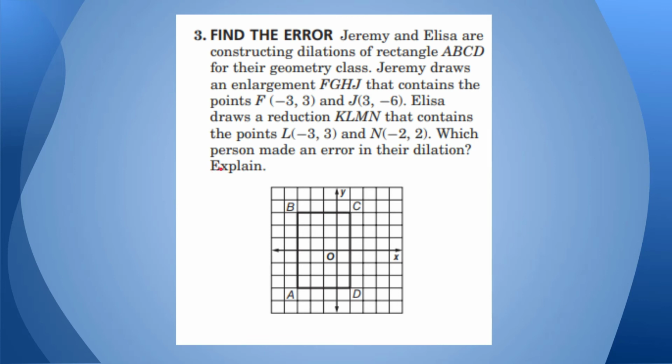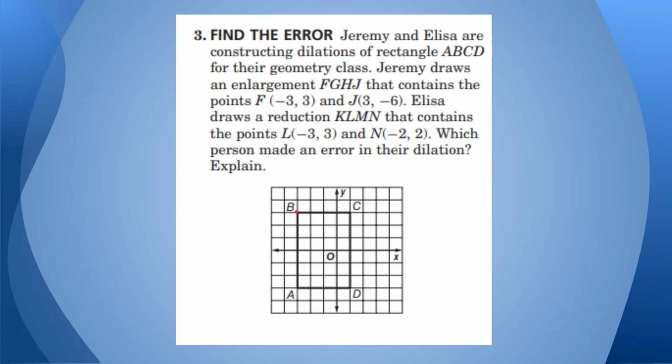Explain. Okay, so the first thing that you should notice is that it contains the points -3, 3 in the enlargement and -3, 3 in the reduction. Now if you look at our original figure here and you count out to 1, 2, 3, going up 1, 2, 3, the original figure has a point at -3, 3 as well, and that's B here.